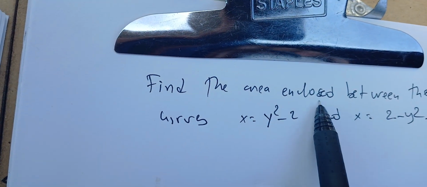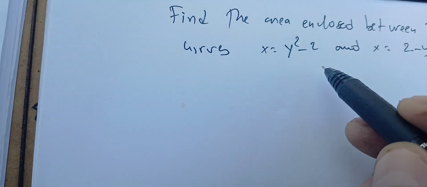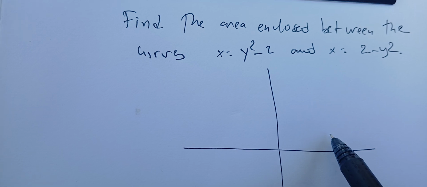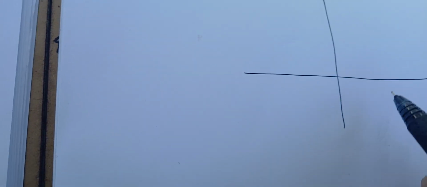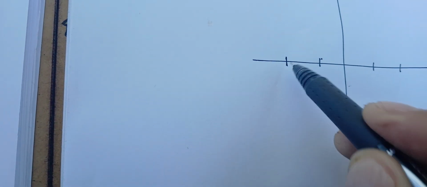And it's good for us now to learn something new. We can graph these functions. This first function is 2 minus y squared. Let me mark 1, 2, minus 1, minus 2.